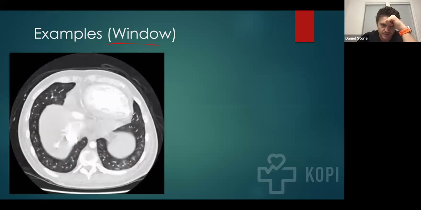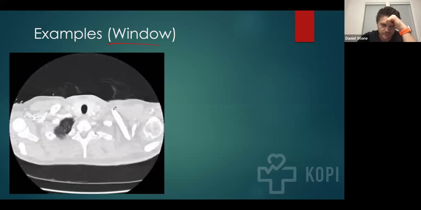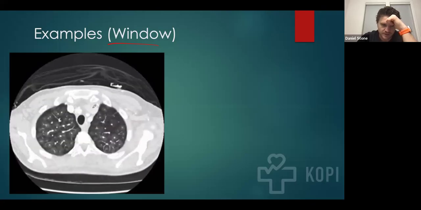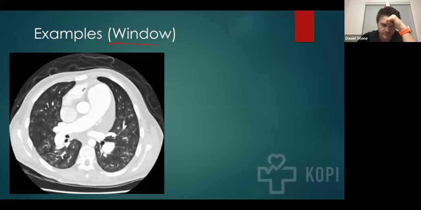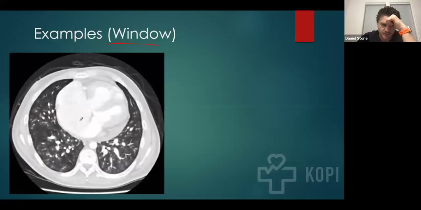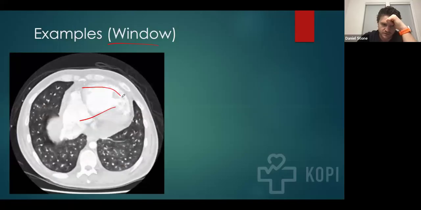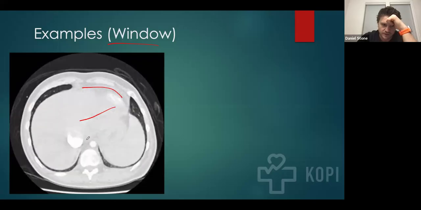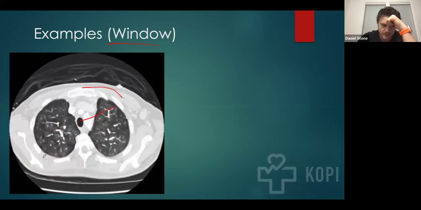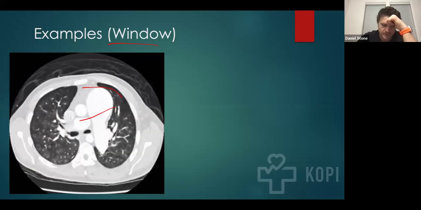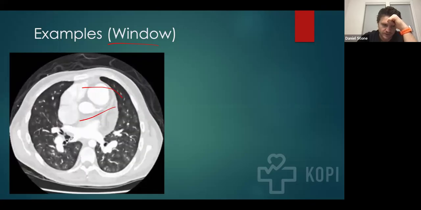This is a good example of right heart strain because the patient here has a significantly large pulmonary artery, but the right heart is also much larger than the left heart, you can tell right there. You can also tell that there's pulmonary edema throughout the lung fields.